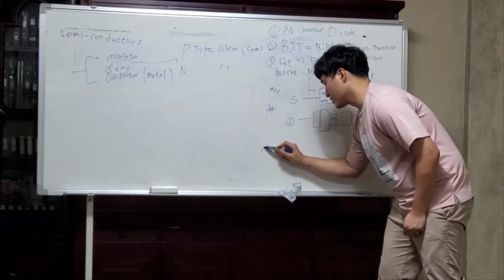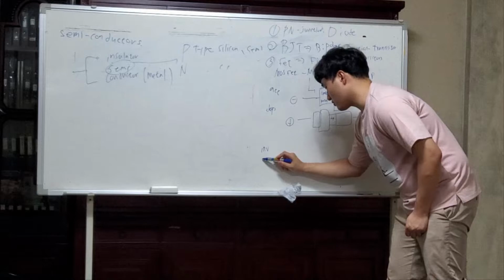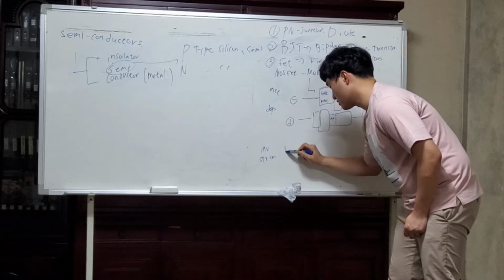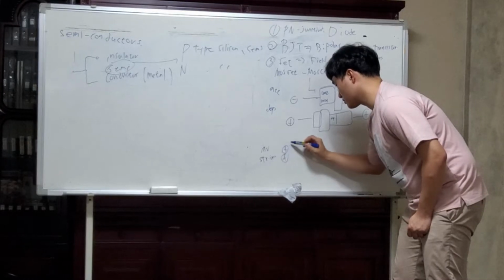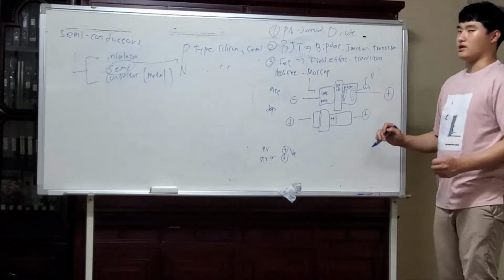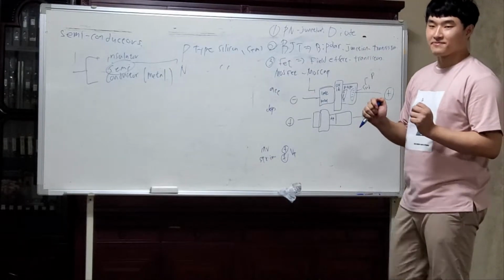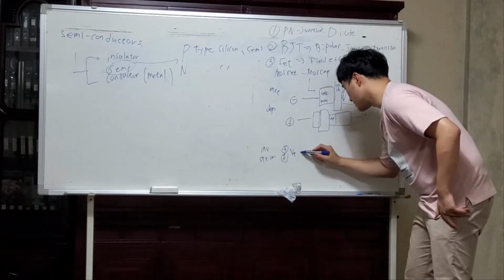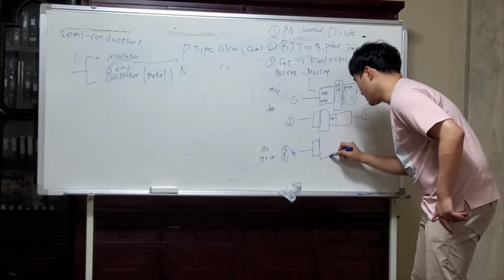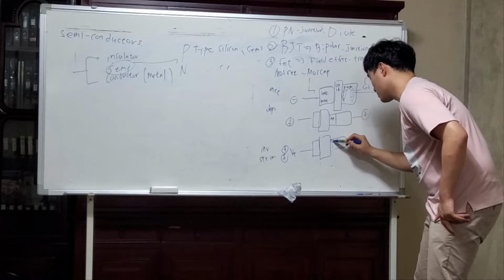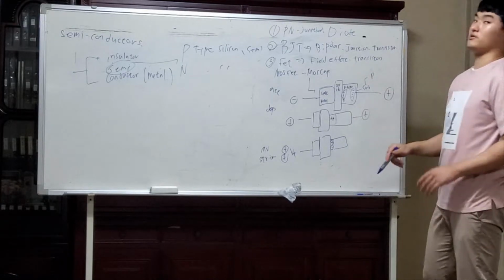And lastly, inversion, that is strong inversion. When a positive voltage over the threshold voltage is applied, a channel will be induced between the oxide and the substrate.